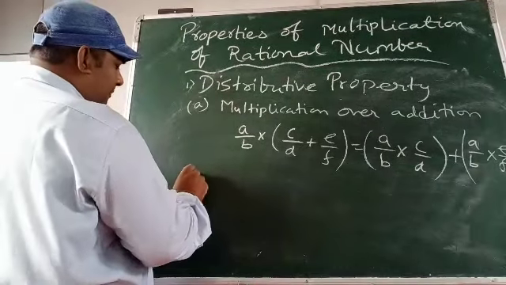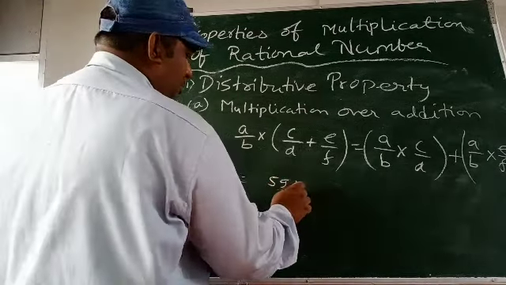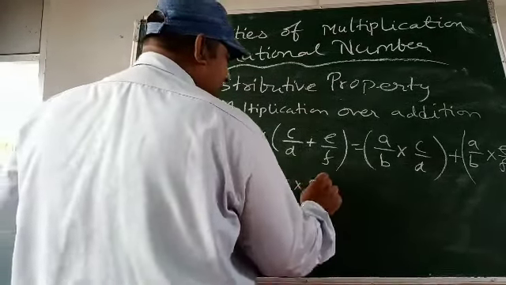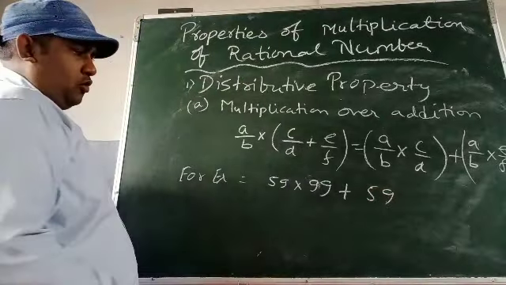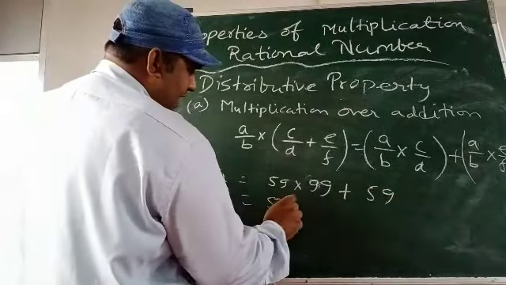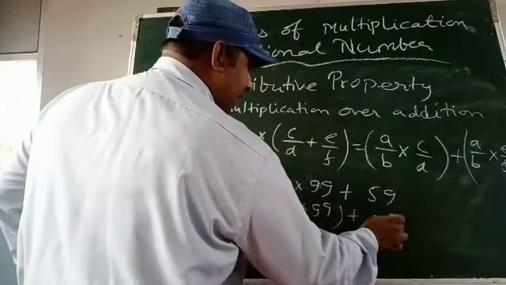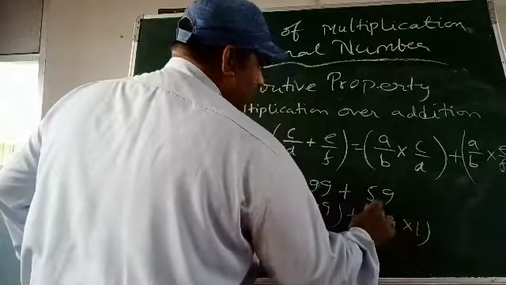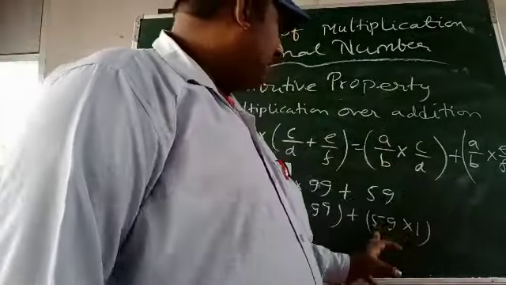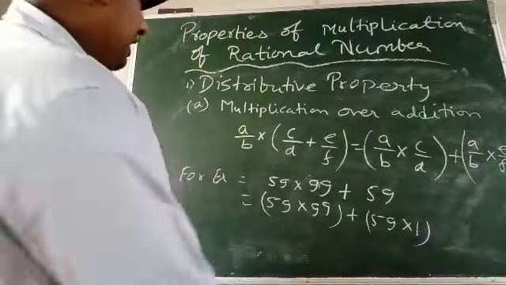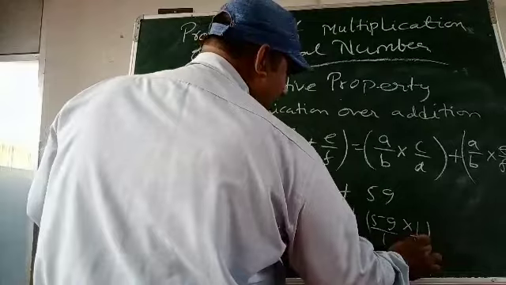For example, we have to multiply 59 into 99 plus 59. How does it work? You first write 59 into 99 plus 59 into 1. In all places down it is 1, so in the denominator it is 1.